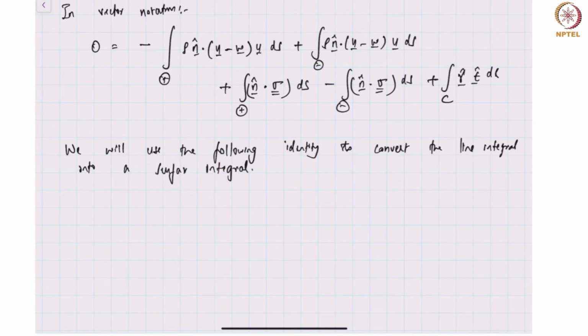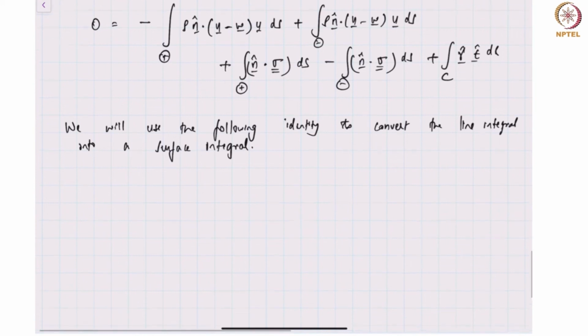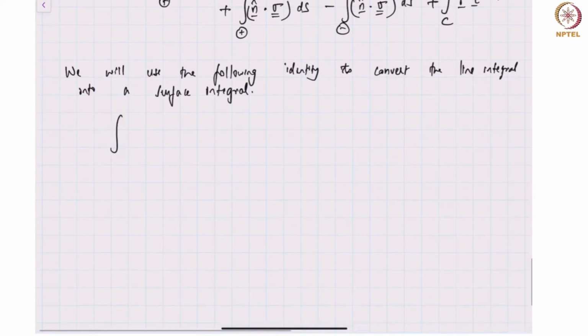I won't be deriving this identity step by step as part of a regular lecture, but I will be providing necessary material where the derivation of this identity is shown. So what is the identity that I'm talking about? This is basically the identity of surface tension dl. This essentially becomes a surface integral.